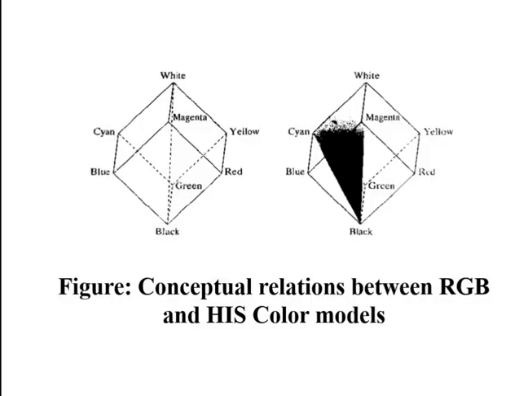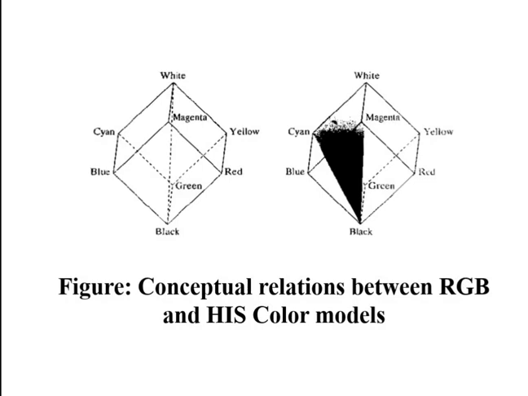In the arrangement as shown in the figure, the line joining the black, that is the intensity axis, and white vertices is vertical. Thus, if we wanted to determine the intensity component of any color point in the figure, we would simply pass a plane perpendicular to the intensity axis and containing the color point.